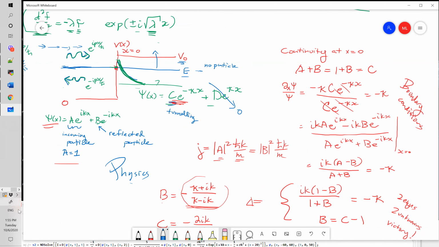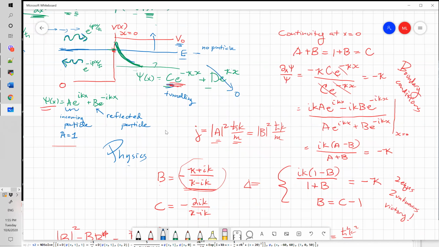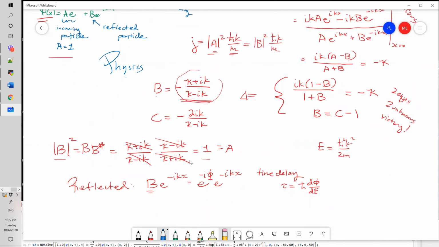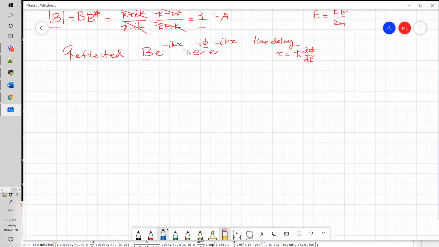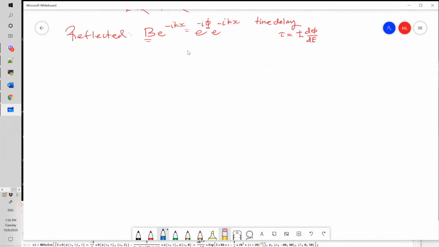And so you can immediately guess that the situation will be a little bit different. You get different kinds of solutions here. If E is up here, you'll have your incoming portion, but now the solutions out here are also outgoing and incoming waves. And here we have incoming and outgoing.